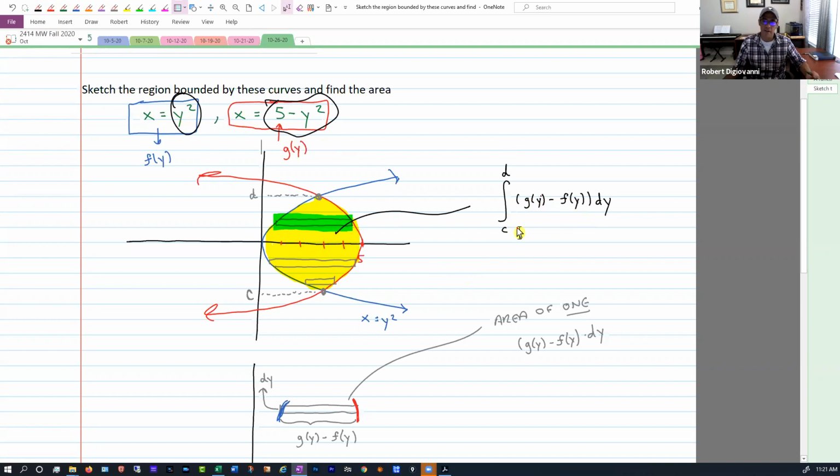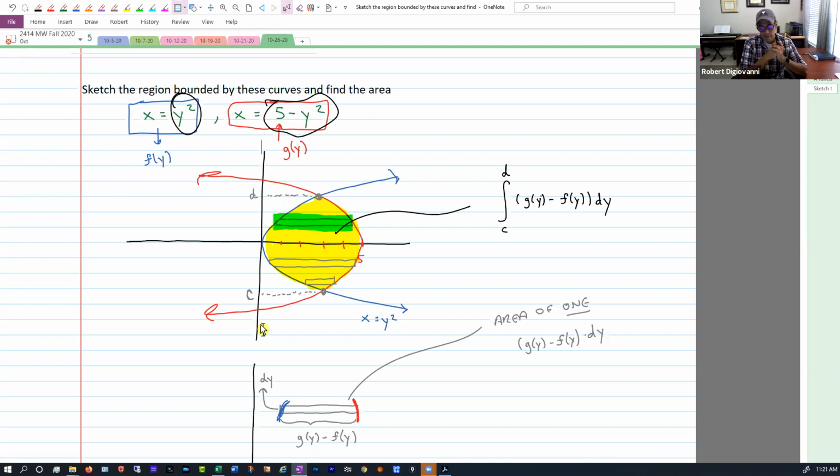Everything in the integrand is going to have y in it. It's going to be with respect to y, and our limits of integration are going to be values off the y-axis. So it's like everything we did before, but in terms of y. We will do that anytime our region is bounded by two functions of y. That makes sense? So just a slight change in perspective on things.